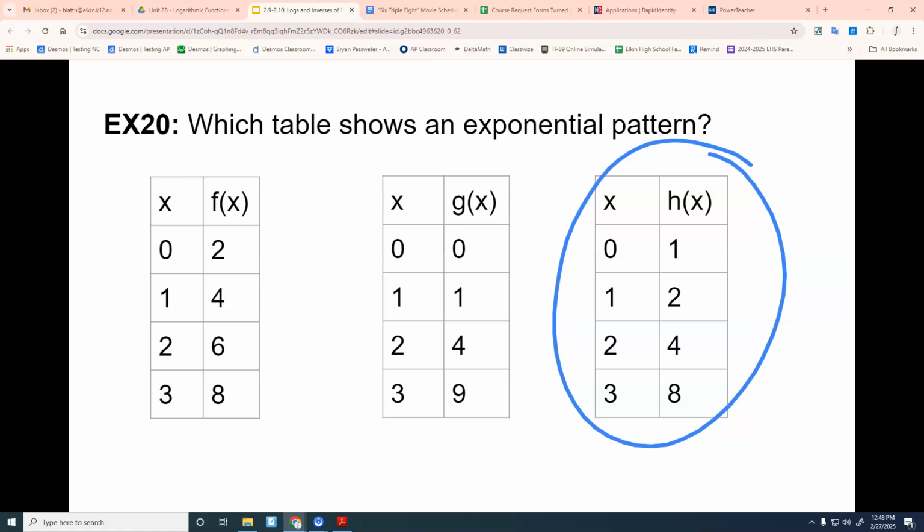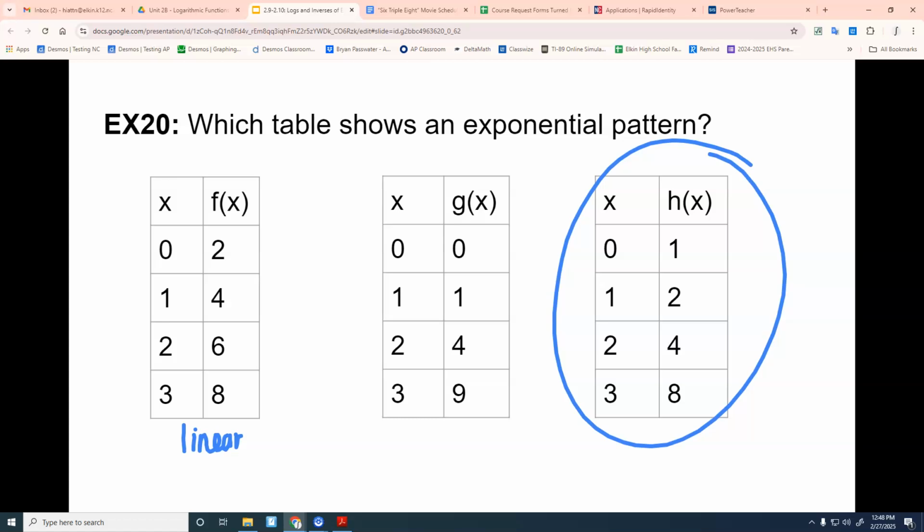How do we know that one's exponential? And when you say they times by 2, what are you talking about? The y coordinates are multiplied by 2, right? It is not f because you're just increasing by 2. What is f? What type of function would it be? That is linear. Okay.